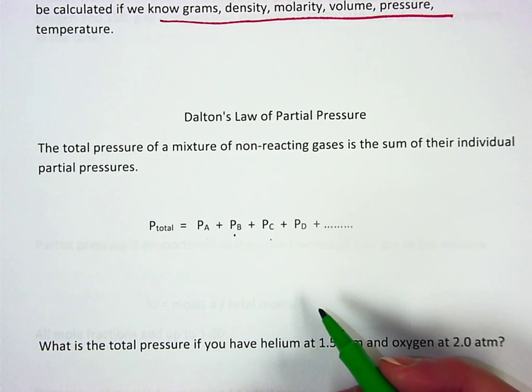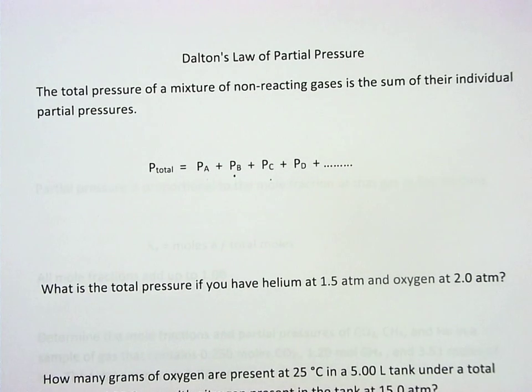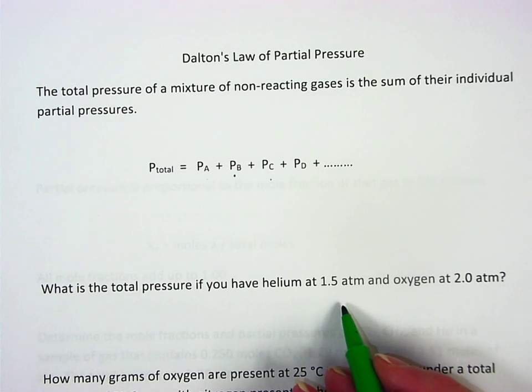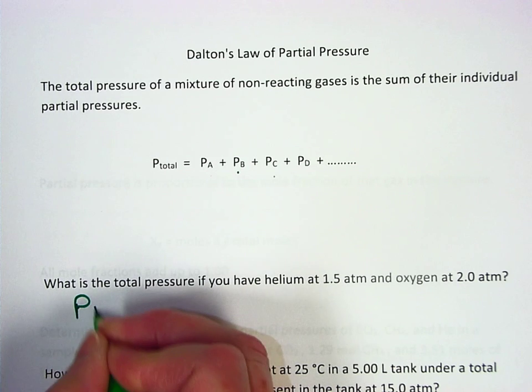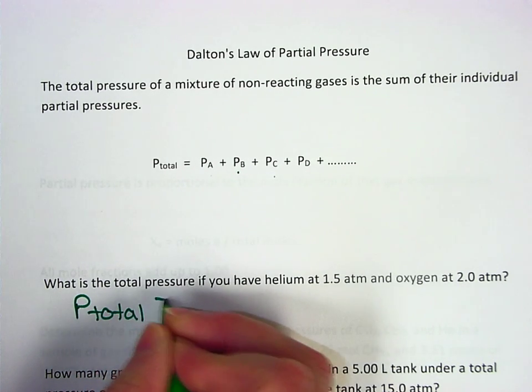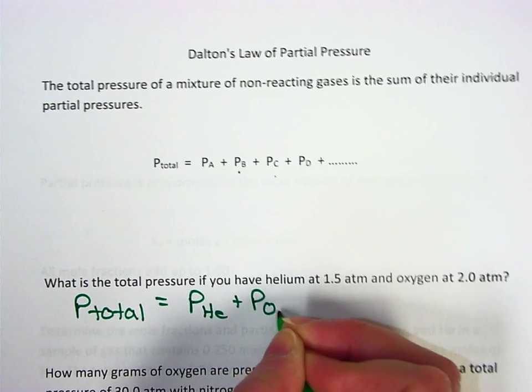The simplest type of problem that you might have seen in your introductory chemistry classes looks like this. What's the total pressure if you have helium at 1.5 atmospheres and oxygen at 2.0 atmospheres? Well, the pressure total is equal to the pressure of the helium plus the pressure of the oxygen.